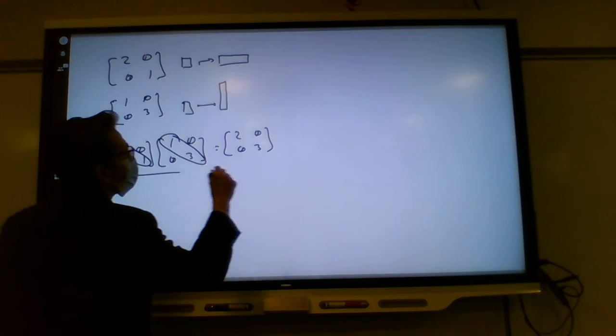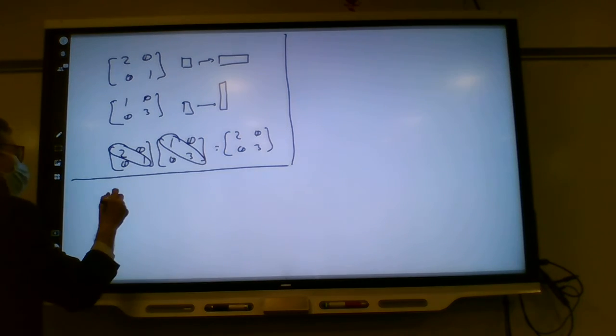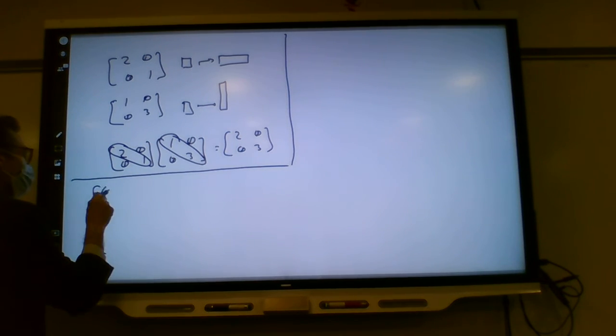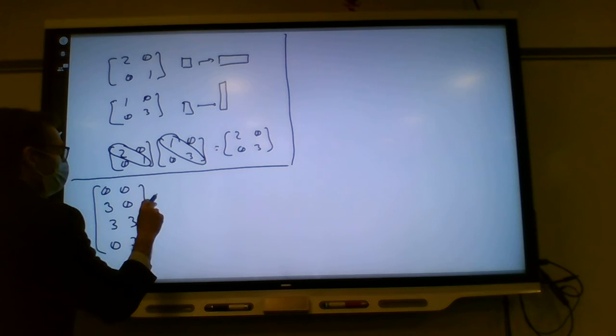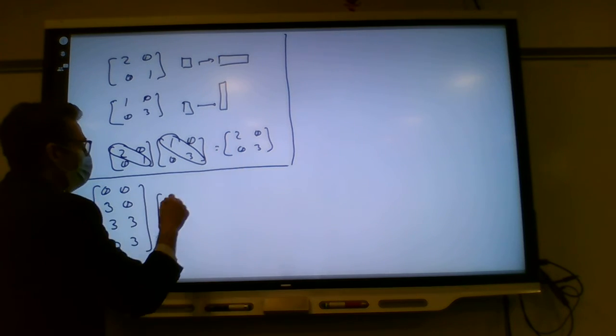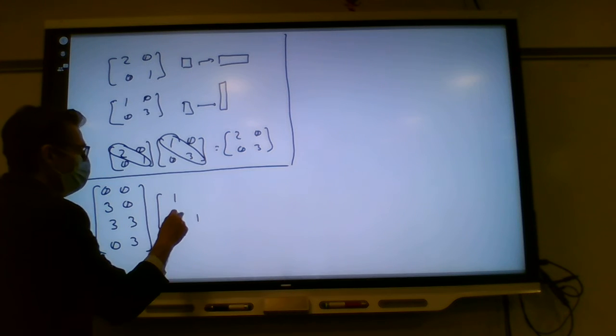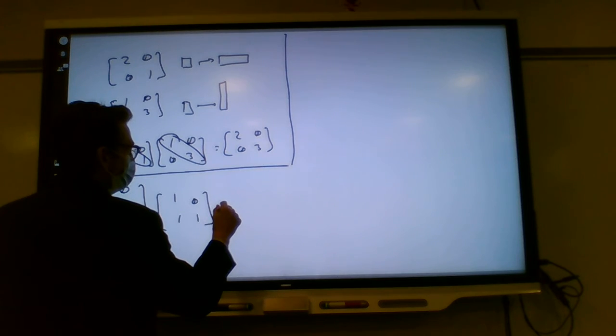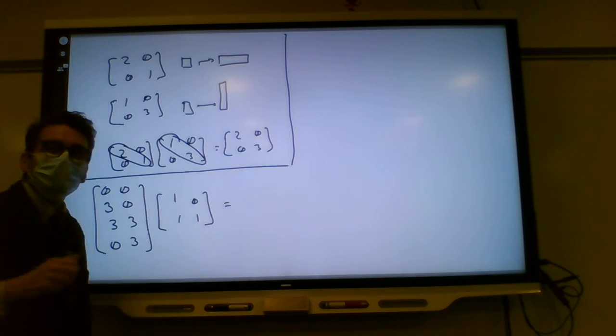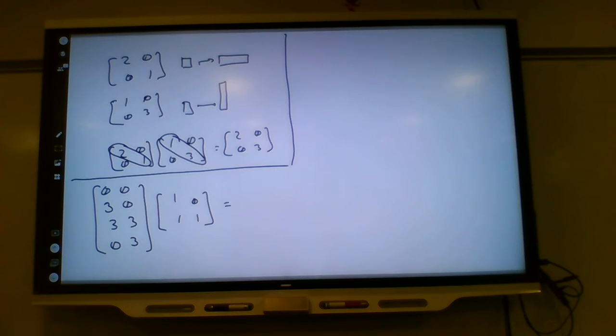But what would happen if we had a different matrix? What would happen if, say, we put a 1 from our original identity matrix? What if we put a 1 in that spot, say down there? What happens now?